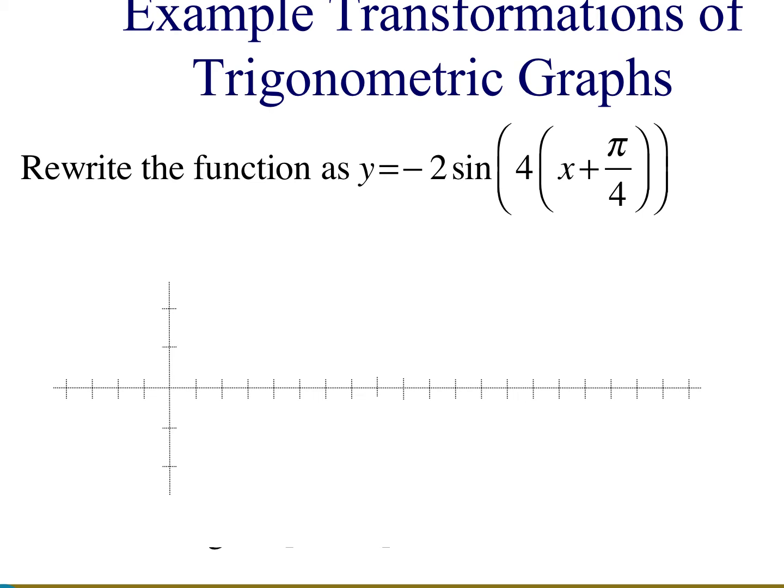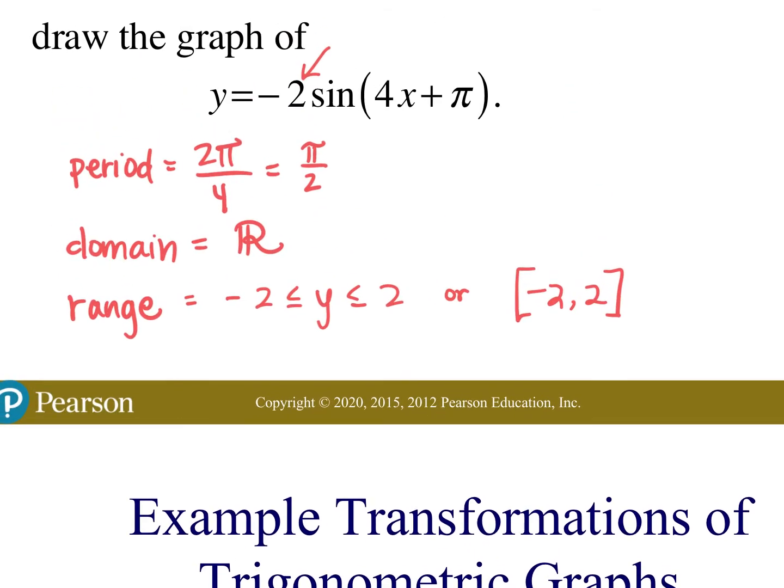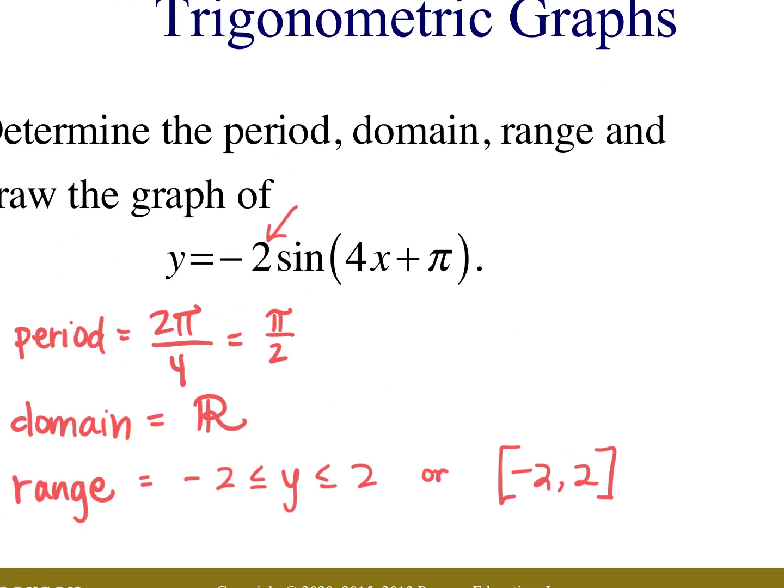Now notice that the question changed a little bit from the previous slide till now. So can you tell the difference? Okay, Meg, what do you notice different? It is in factored form. So the question was given to you in distributed form, 4x plus pi. In order to accurately graph it, it has to be in factored form.